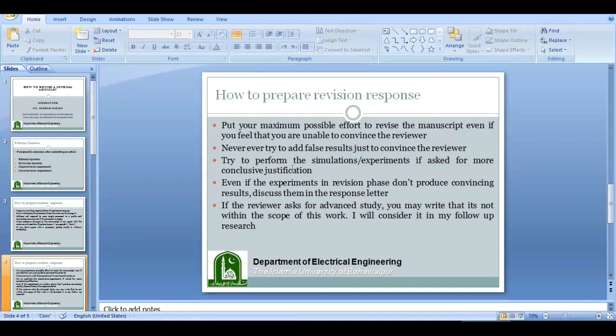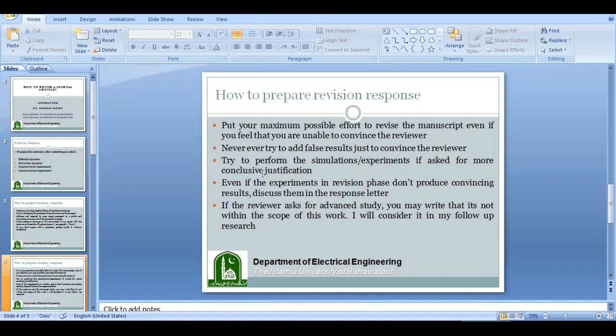So try to perform the simulations or experiments if asked for more conclusive justification. If you have received a comment from the reviewer asking for more conclusive justification, and you know that you can perform the simulations and experiments to convince the reviewer, then you should perform them.